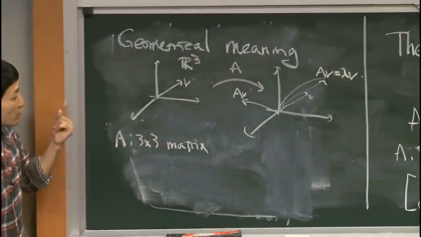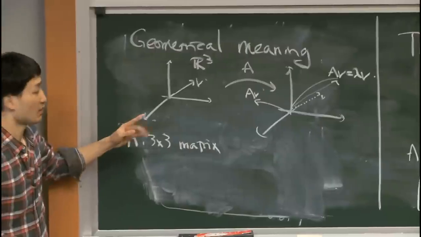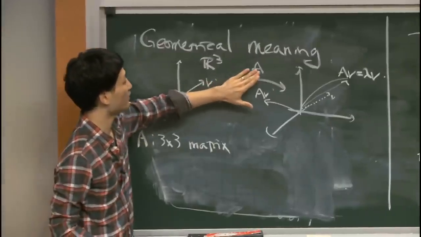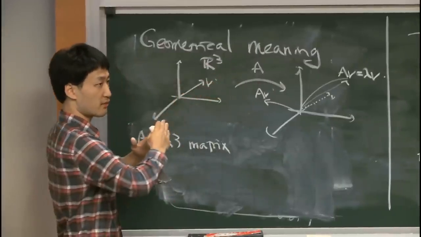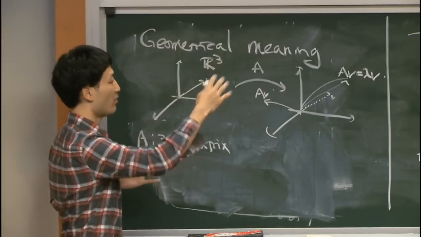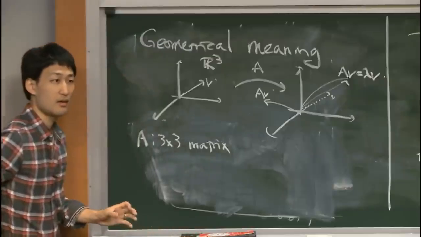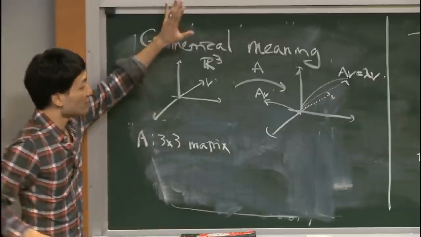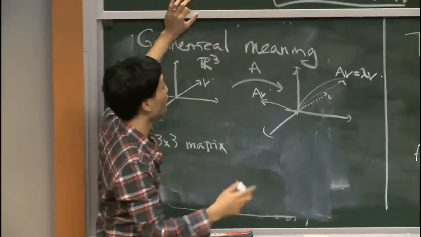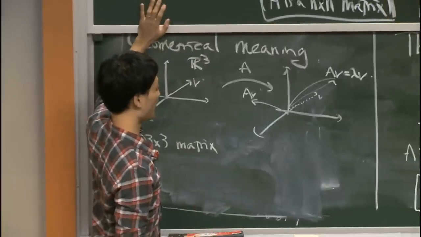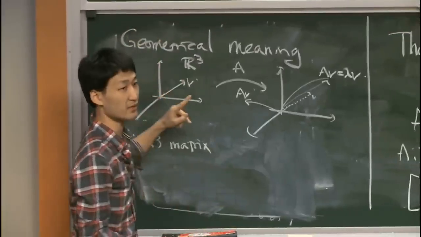So eigenvectors are those special vectors which, when applied this linear transformation, just get scaled by some amount, where that amount is exactly lambda. So what we recall so far is every n by n matrix has at least one such direction.